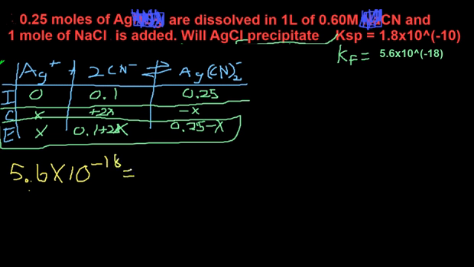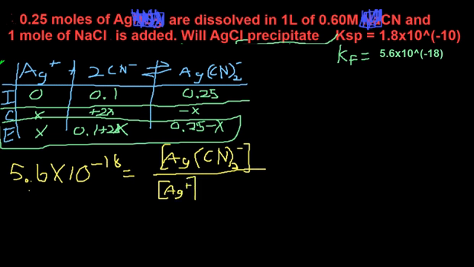That is equal to our Ag(CN)2 minus concentration, products over reactants, over the silver ion and our cyanide ion.